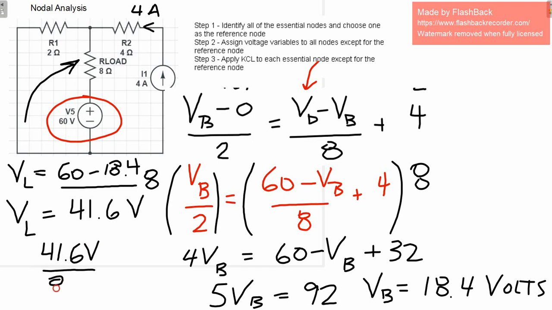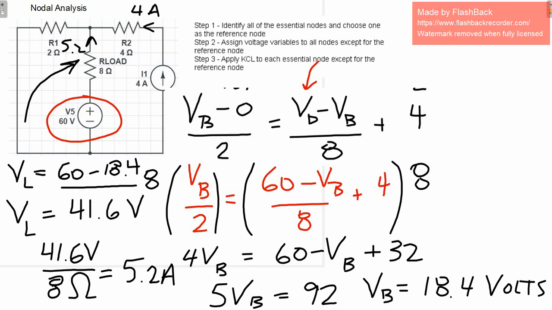So 41.6 volts over the load, which is 8 ohms. And that gives us the load current, which is 5.2 amps. So there, that is using nodal analysis.